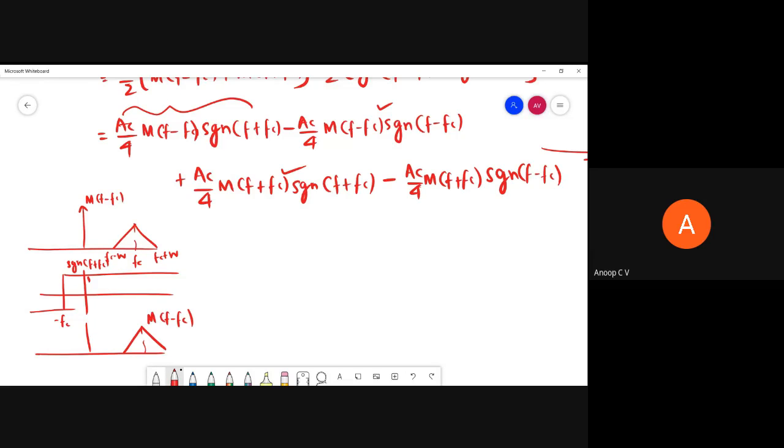So whatever the value of signum of F plus FC in frequencies other than where M of F minus FC is defined, we don't bother. So this first term, AC by 4 into M of F minus FC into signum of F plus FC, will reduce to M of F minus FC, right?